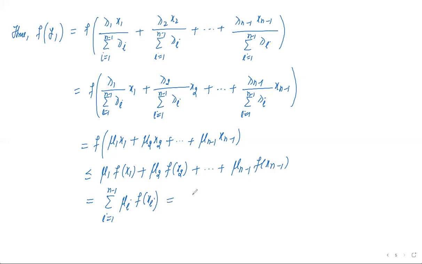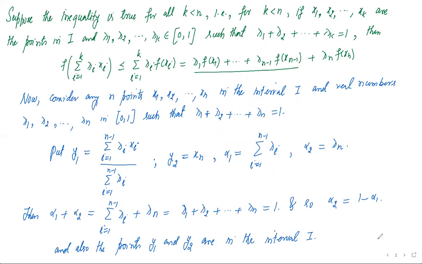Now let's substitute the value of mu i. This is summation i running from 1 to n minus 1, where mu i was defined as lambda i whole divided by summation i running from 1 to n minus 1 lambda i, and here we have f of xi. But now this denominator, summation i from 1 to n minus 1 lambda i, was defined to be the value of alpha 1.